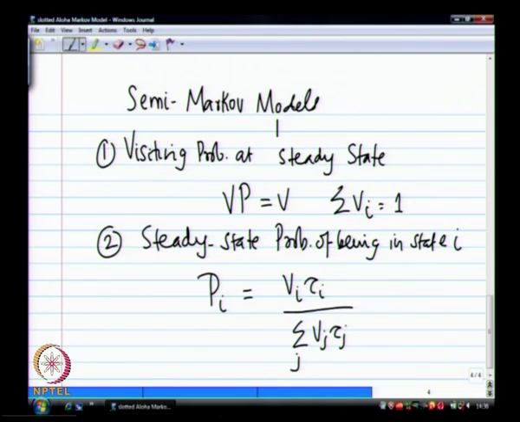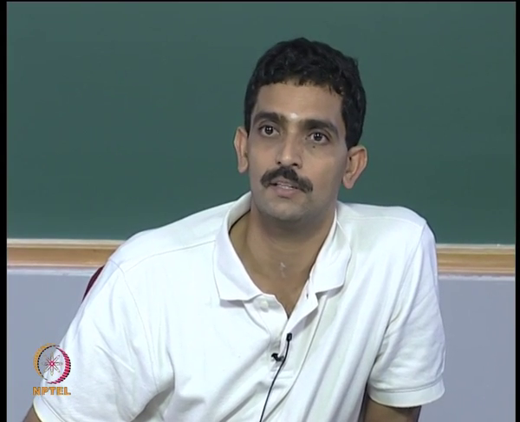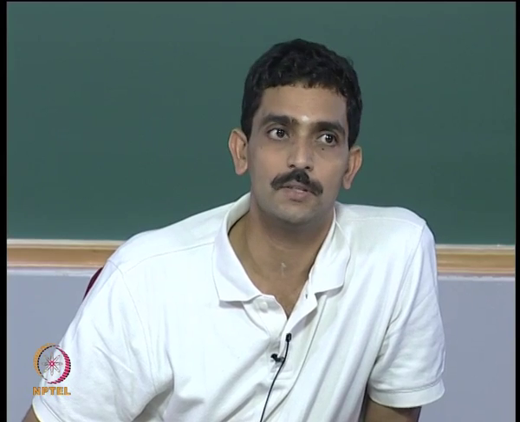So this is the steady state probability of being in a state. The transition matrix will only give you the visiting probability of each state, but then you also have to look at the time spent in each state. Effectively, to get your Pi you have to do this. So now you will get your Pi in 2 steps.